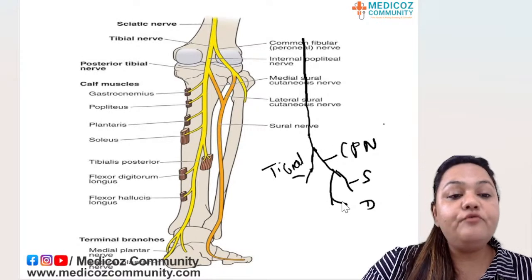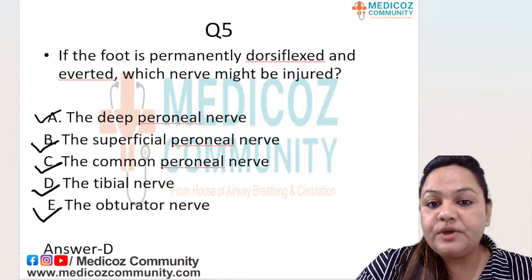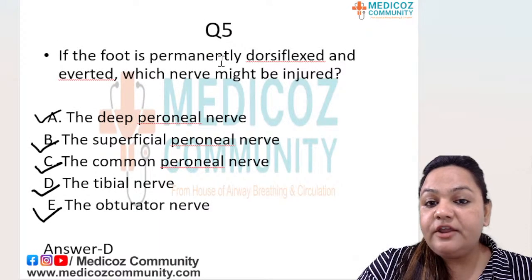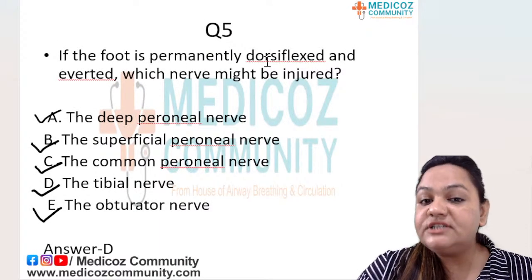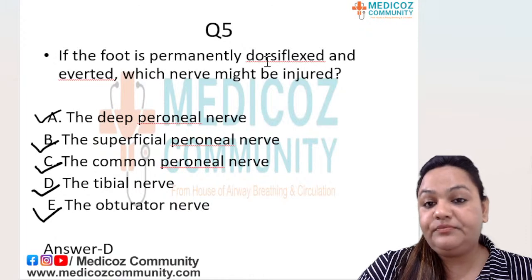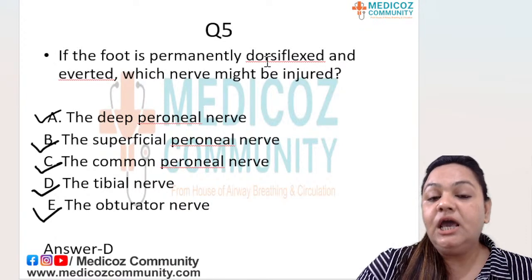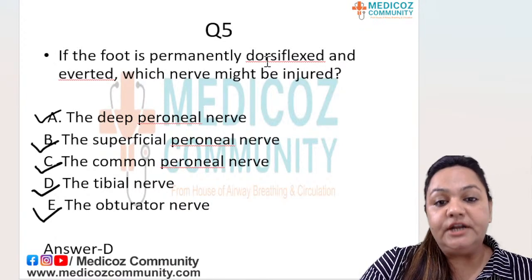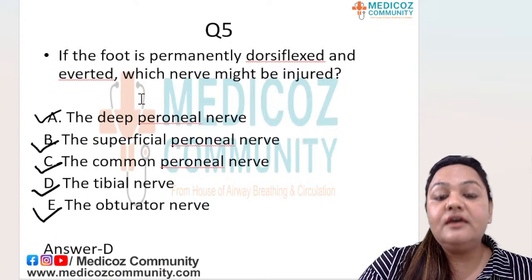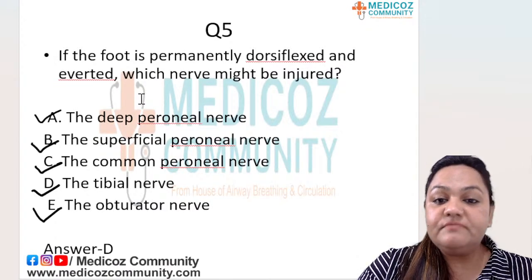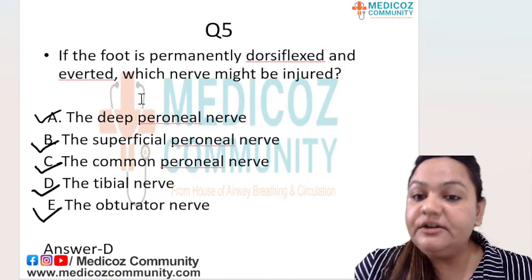Clear? Now we look into this question. The scenario is that the foot is dorsiflexed and everted. The foot can be in a dorsiflexed and everted position when there is paralysis of the muscles causing plantar flexion.